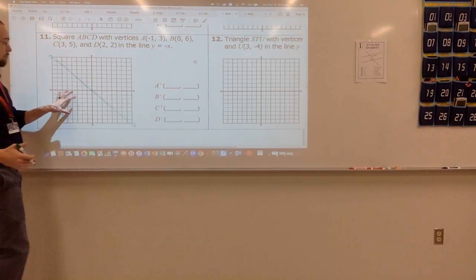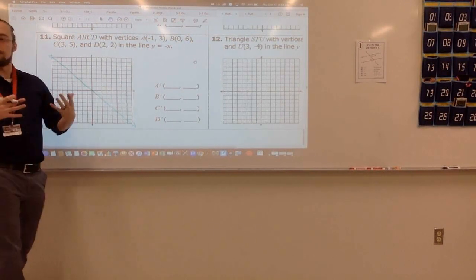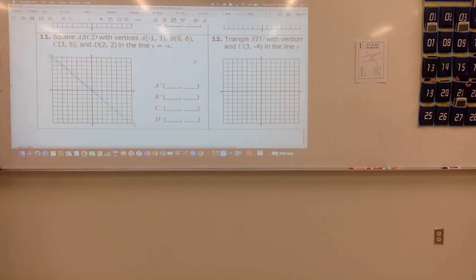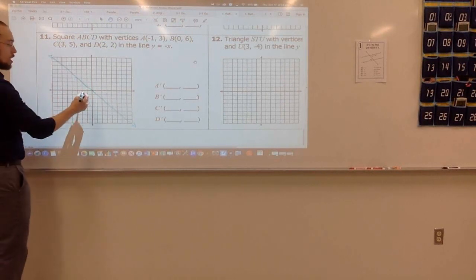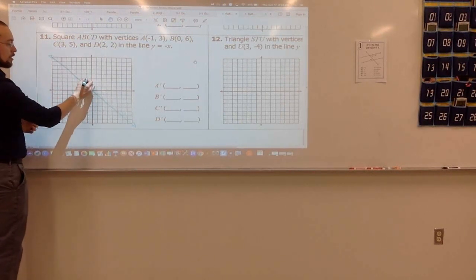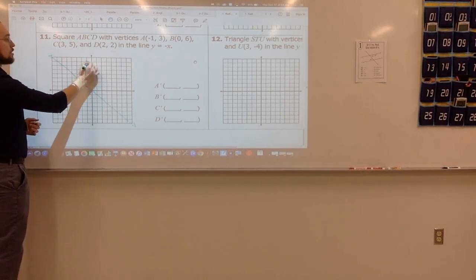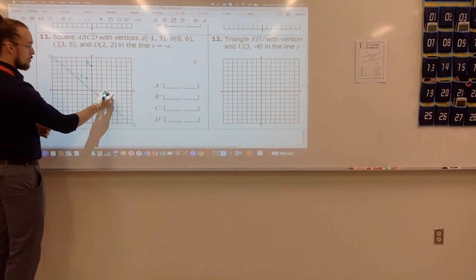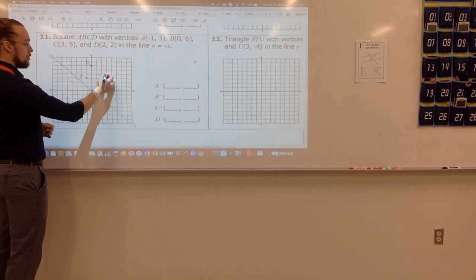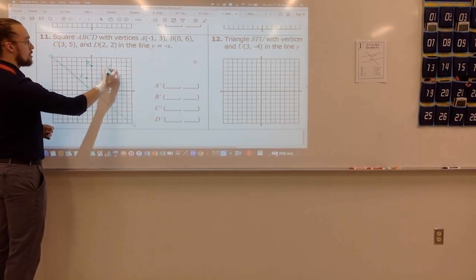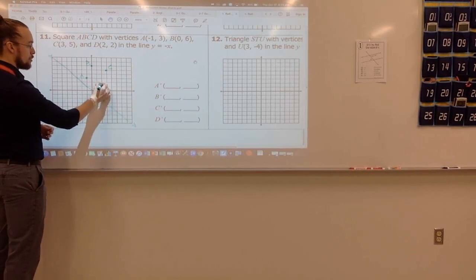So let's do it graphically first and see what happens to the coordinates. So if I plot these points, (-1, 3) is A, (0, 6) is B, (3, 5) is C, and then D is at (2, 2).